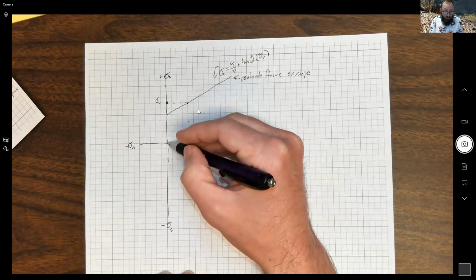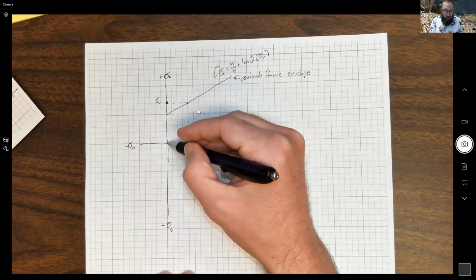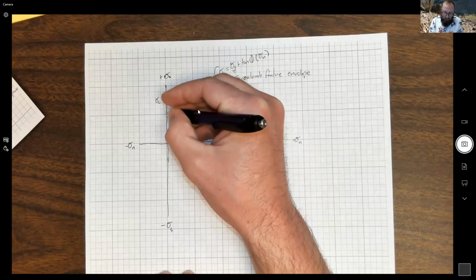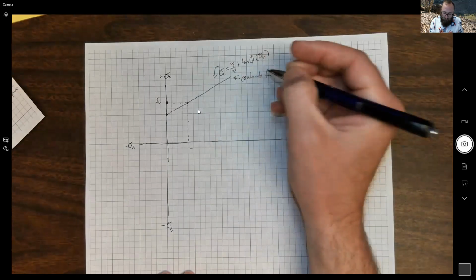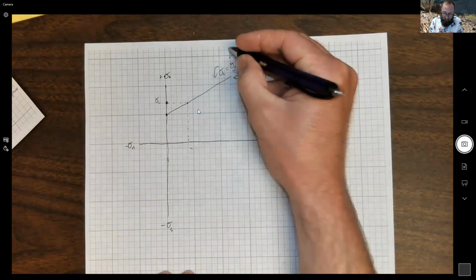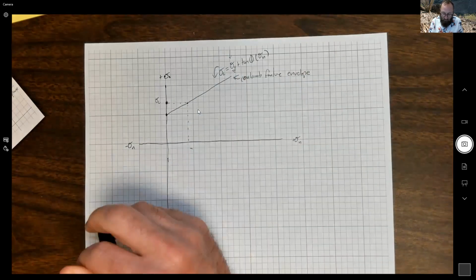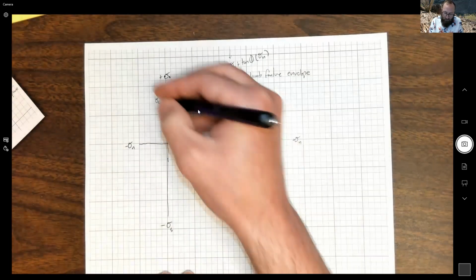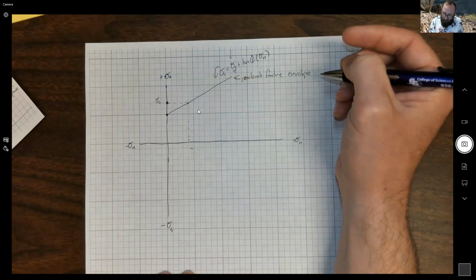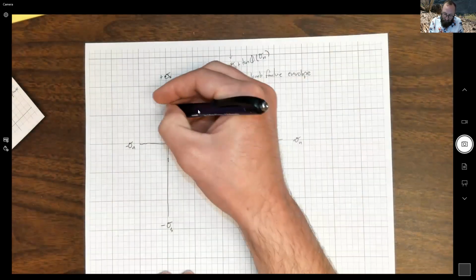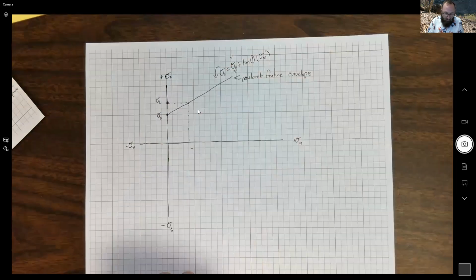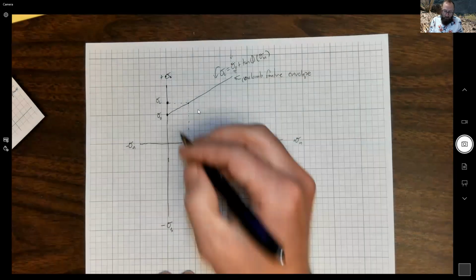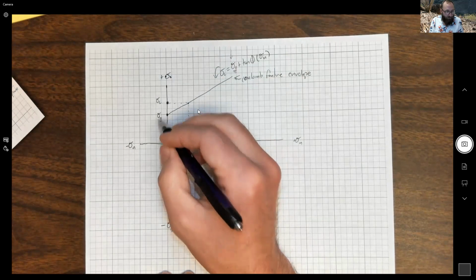We'll see cases in which it does in a moment. It returns up here, so it has a y-intercept. That's what this term is, a y-intercept in a simple linear function, and this is sigma naught, the cohesive strength. The value of the cohesive strength is the y-intercept on the graph.